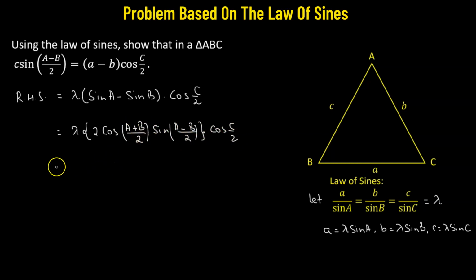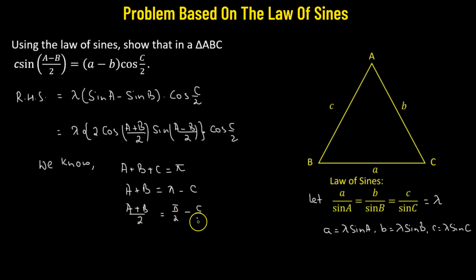Next, we know for a fact that the sum of the interior angles of a triangle adds up to 180 degrees, or we can say that A plus B plus C equals pi radians. So A plus B will be equal to pi minus C. Or I can say that (A plus B)/2 will be equal to pi/2 minus C/2.